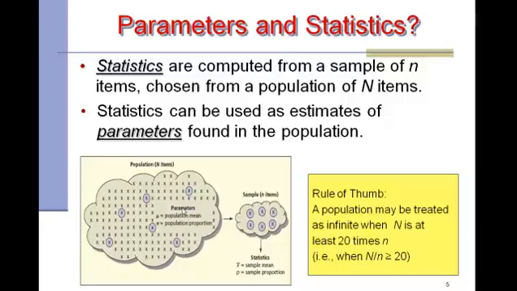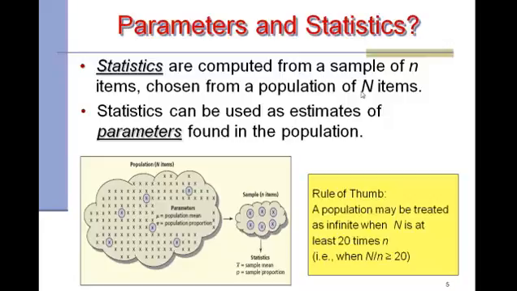And the parameters for the population might include things like the population mean, which is designated by the Greek letter mu, and then we can also look at something called the population proportion. Again, those are parameters. Parameters are descriptions or measurements about the population, whereas statistics describe our sample or provide measurements about our sample.